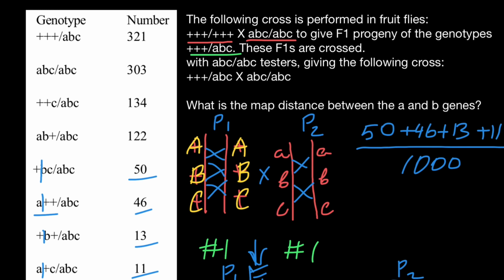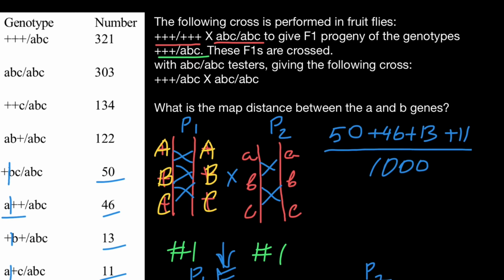I know this because I already solved this problem, but when you will solve this problem on your own with different numbers, you of course have to add all these numbers. It not necessarily have to be 1000, it can be any number. If we add all these numbers in the numerator, we are going to get 120 divided by 1000 is going to be 12 map units.